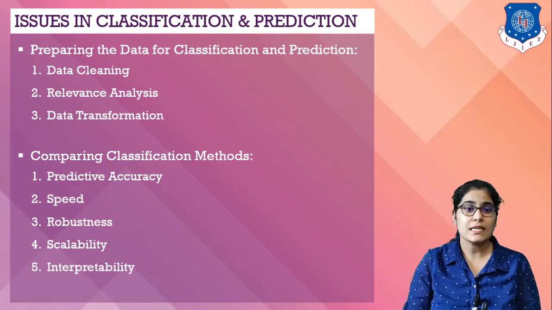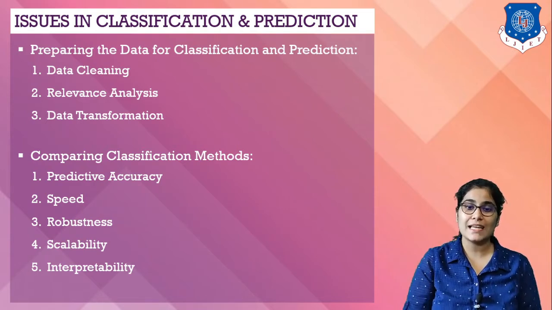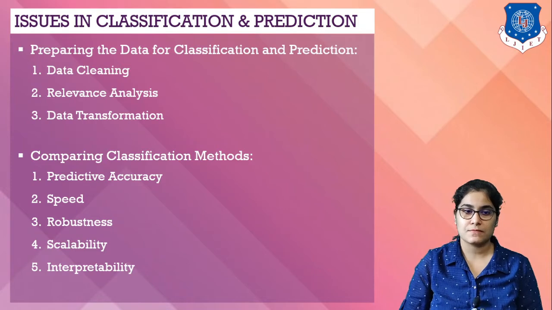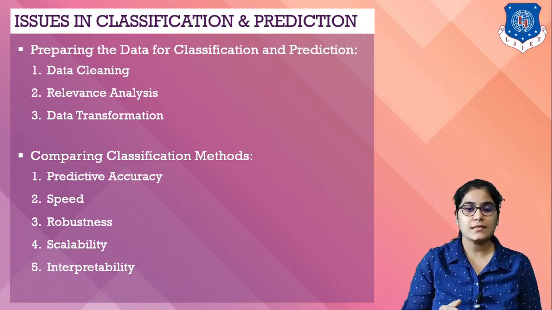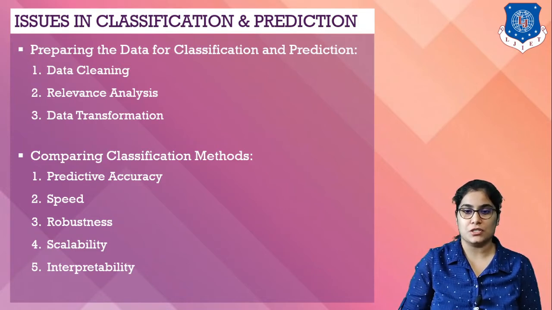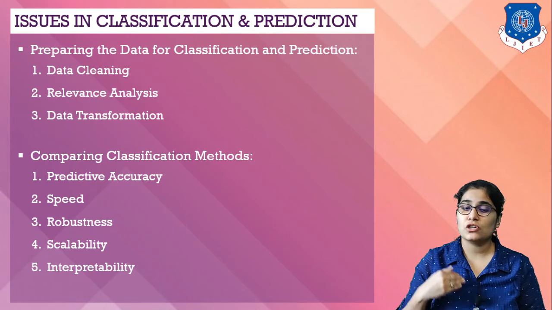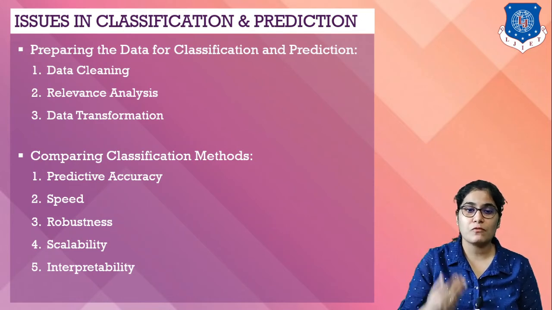Hence, relevance analysis may be performed on the data with the aim of removing any irrelevant or redundant attributes from the learning process. In machine learning, this step is known as feature selection. Including such attribute may otherwise slow down and possibly mislead the learning step. So in order to improve the efficiency, we perform this relevance analysis.